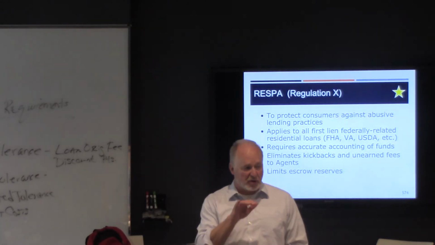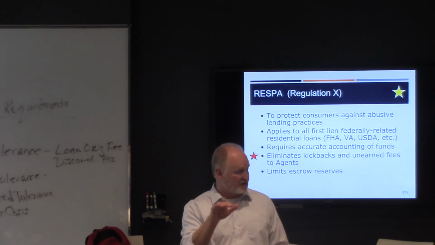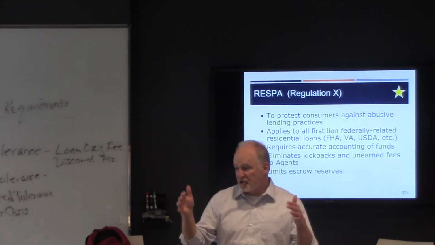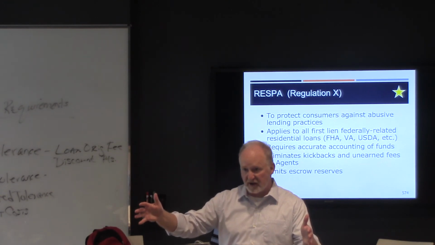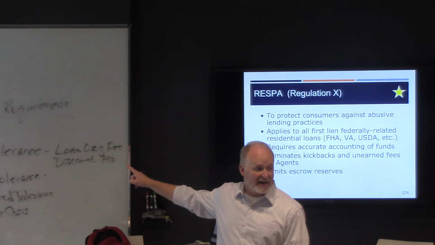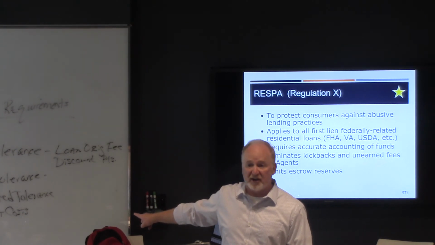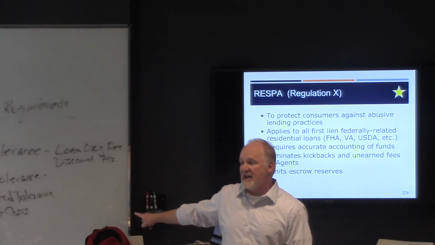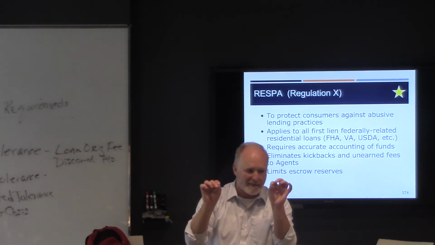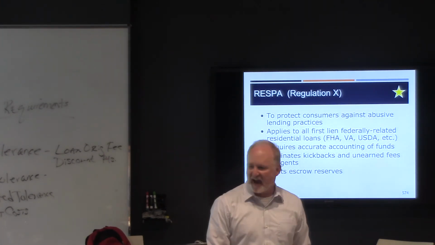Now, we're still going to talk about RESPA, but we've kind of finished those little 3 requirements of RESPA. What was the purpose of RESPA? To fully inform you of your closing costs. How does it do that? Good faith estimate. If you didn't understand that, the settlement cost brochure will tell you what these words mean. If you didn't understand that, we'll give you a closing disclosure, which will literally itemize every dollar that you spend in the transaction.